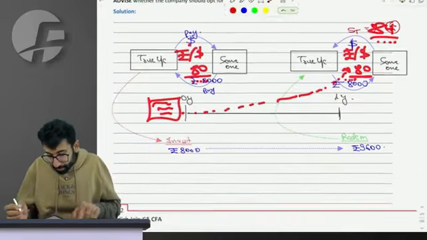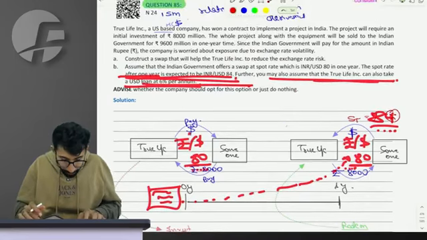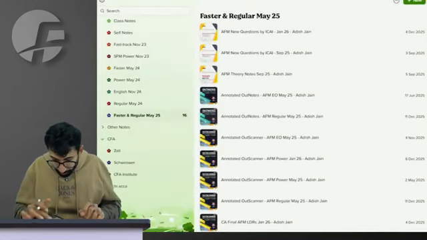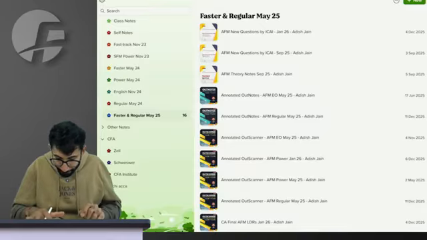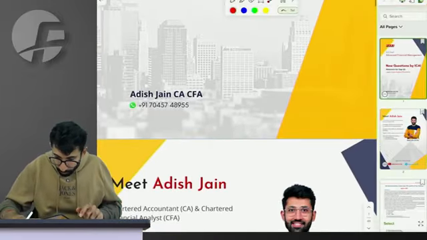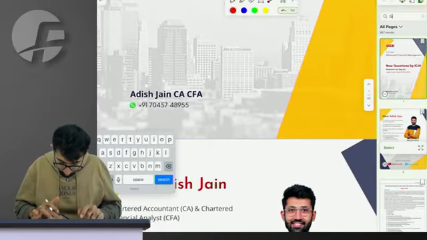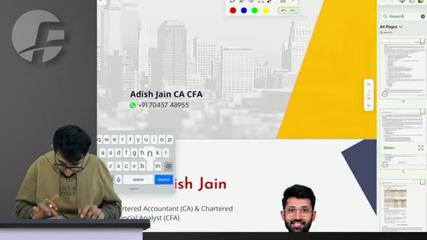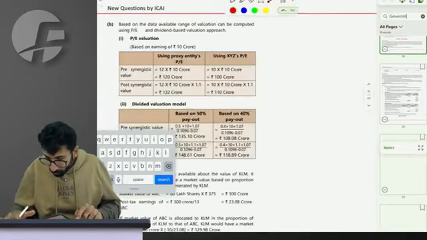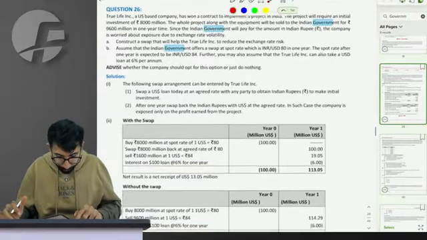So let's understand how we're gonna solve it. Let me open the handmade solution. Cool.